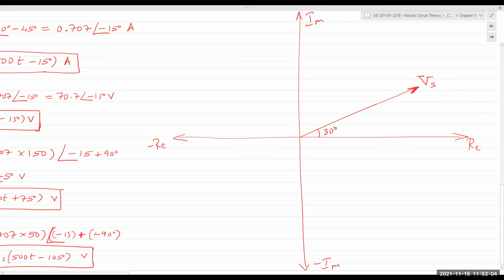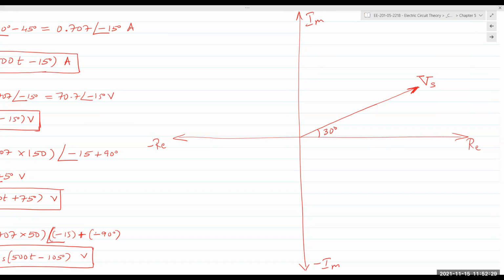The current I is minus 15. Remember, this is 0, this is 360. The phasor is a rotating vector that rotates counterclockwise. So positive angles go like this, negative angles go into the fourth quadrant.